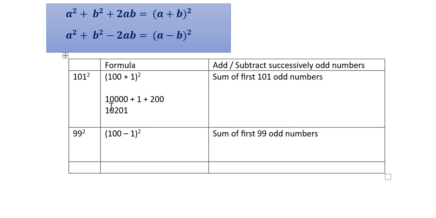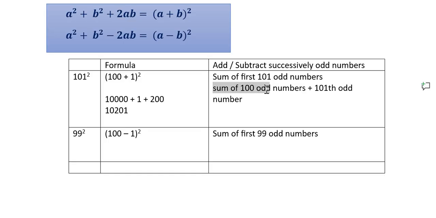Now let's do the same thing using the add and subtract successive odd numbers method. The square of 101 is the sum of the first 101 odd numbers. If you split, it is the sum of 100 odd numbers plus the 101st odd number.